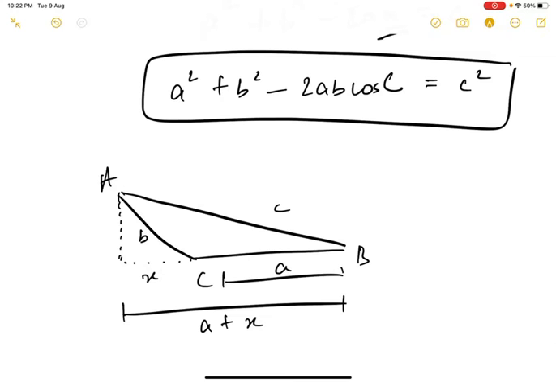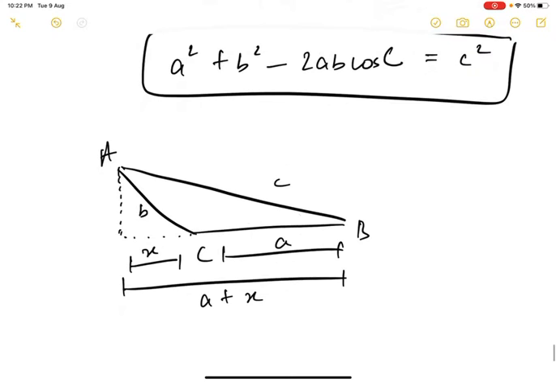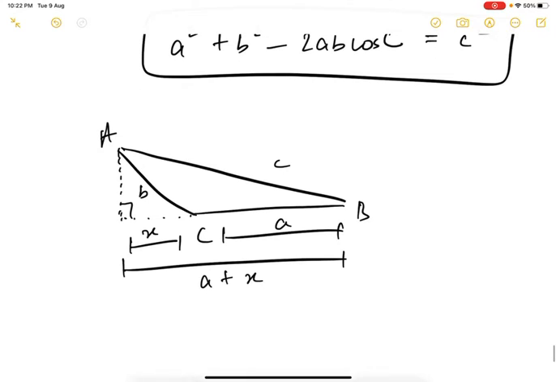Because this much distance is a, this much distance is x, whole distance is a plus x, and this is my 90 degrees, and let's say this point is P, this height is h, and my starting triangle will be APB.